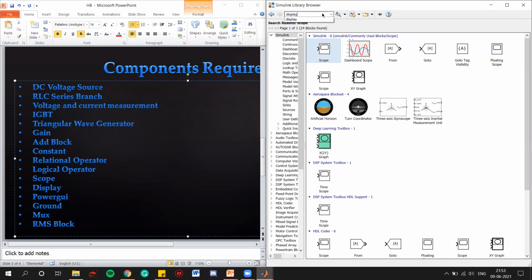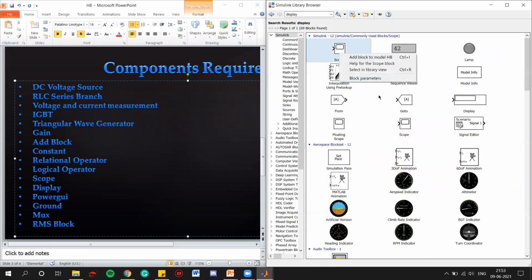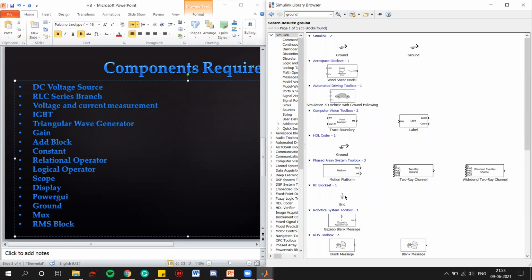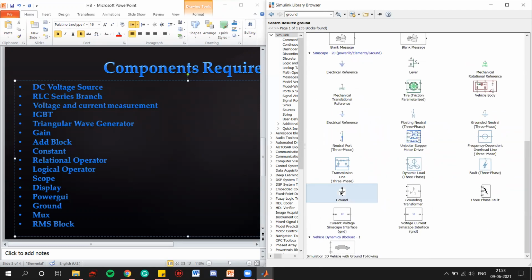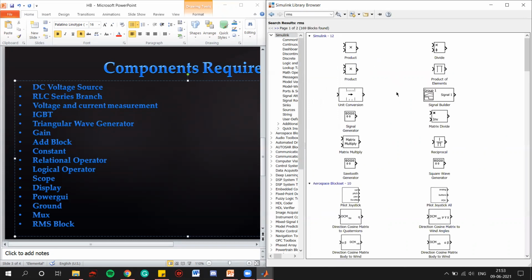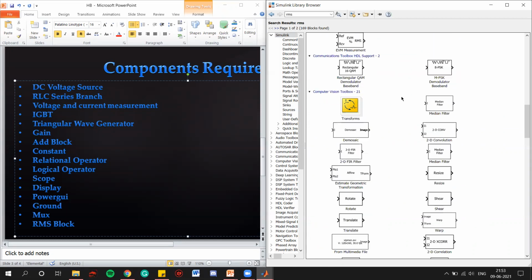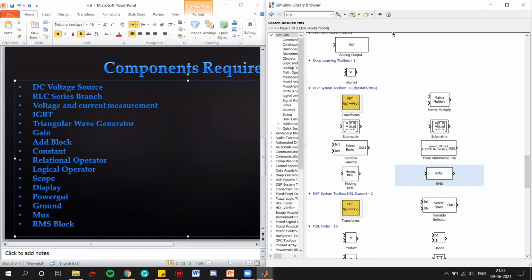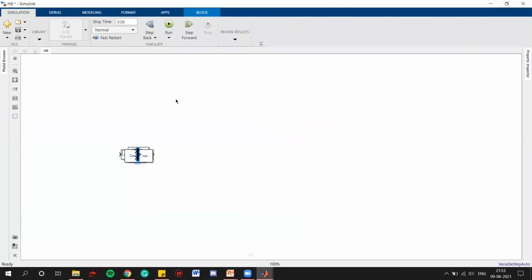We will take display. Power GUI, then ground, this one, then we will take a multiplexer, and an RMS block. This one, right? So we got everything.